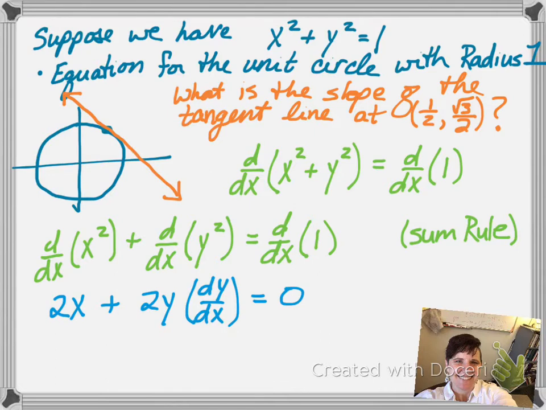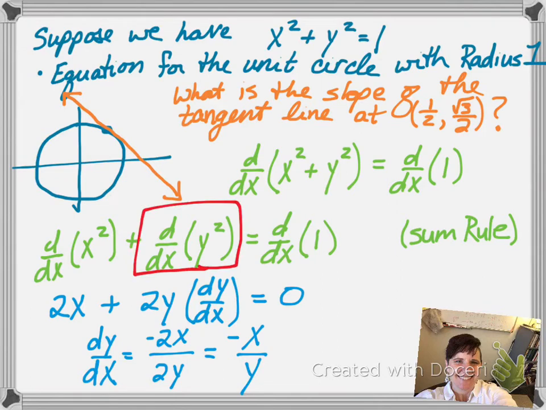So going back to the derivative of y squared, why does that equal 2 times y times dy/dx? Well, it's called implicit differentiation, but remember, implicit differentiation is really just the chain rule. I wanted to talk about this part right there. I said it was the chain rule.